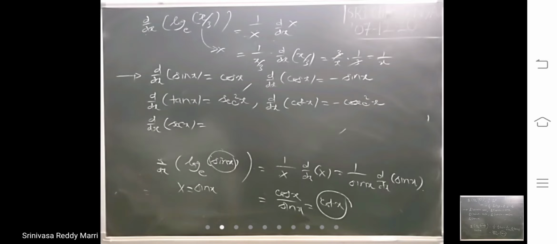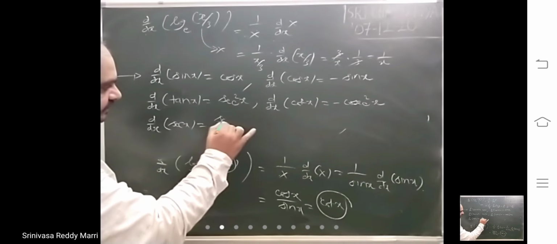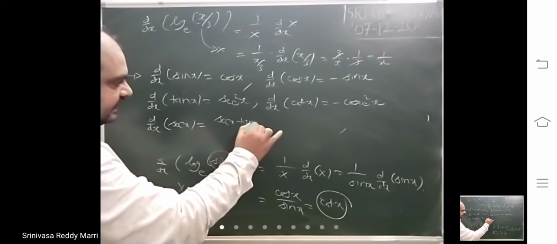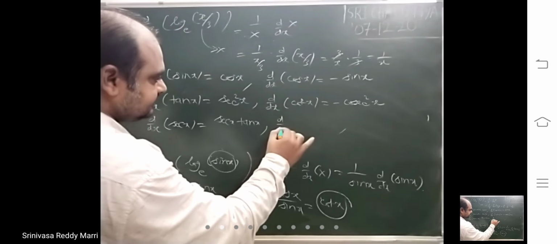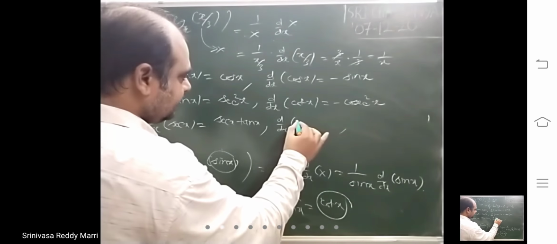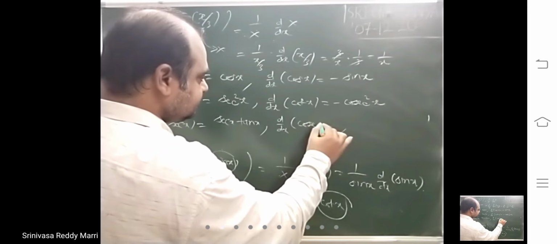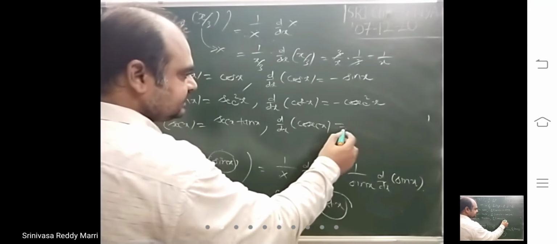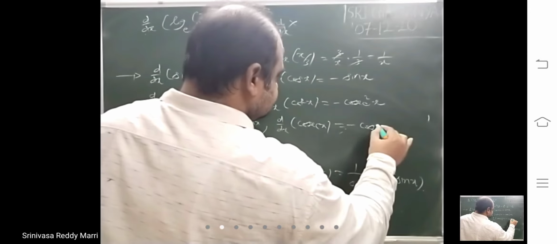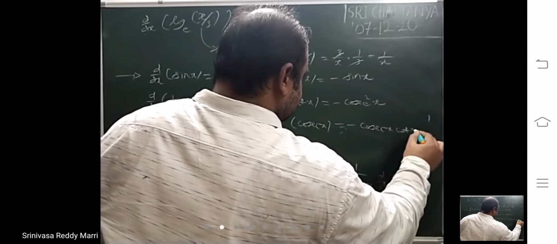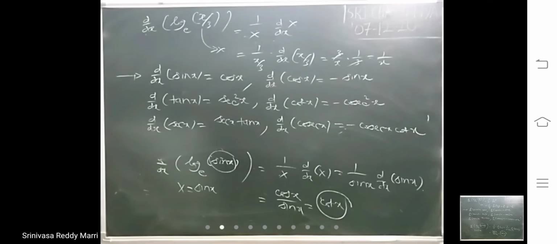D by dx of secant x is secant x tan x. D by dx of cosecant x is minus cosecant x cot x. These are the basic formulas of trigonometric functions, standard rules.